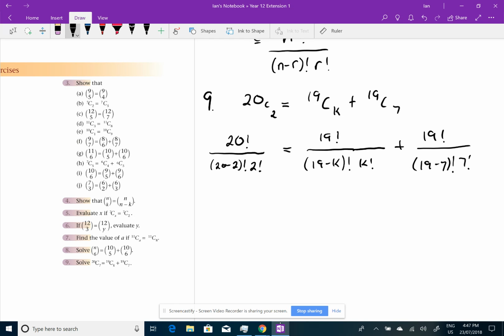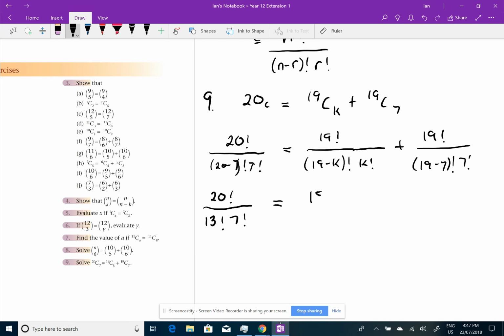So let's work this left-hand side. Sorry, it's 20C7. Let's just tidy that up. So this is all over 20 minus 7 factorial, 7 factorial, which gives me 13 factorial and 7 factorial.